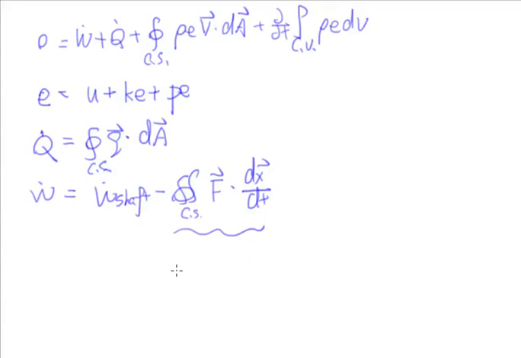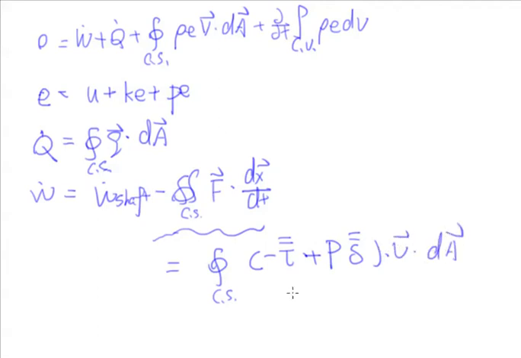And this term equals the stress term plus the pressure term times the velocity of the surface, where this is the shear stress and this is the normal stress, which equals pressure. Normally shear stress is much less than the normal stress, so we can just neglect this term.